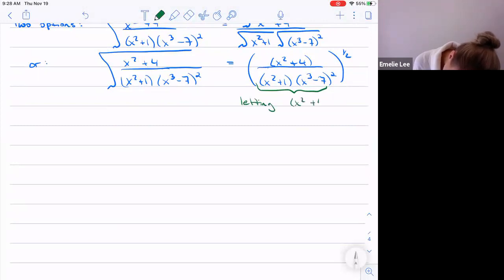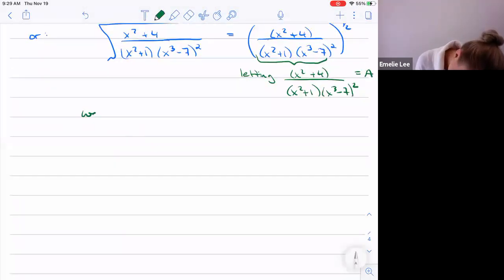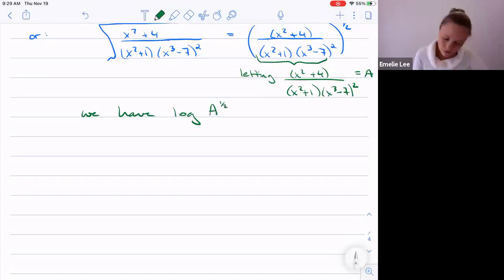So letting x squared plus 4 over x squared plus 1 times x to the 3 minus 7 squared equal a, right? We have the log of a to the 1/2, which by that third rule says that that's the same as the 1/2 log a, right?